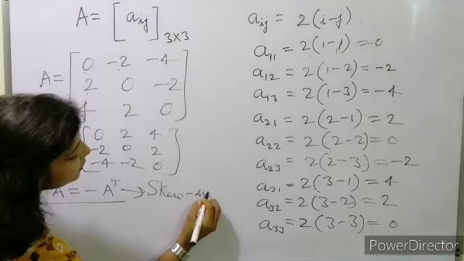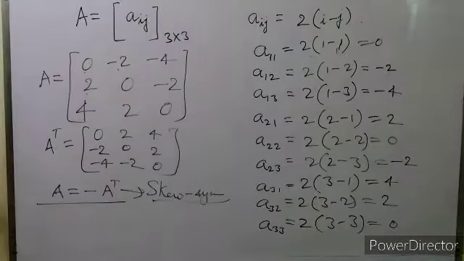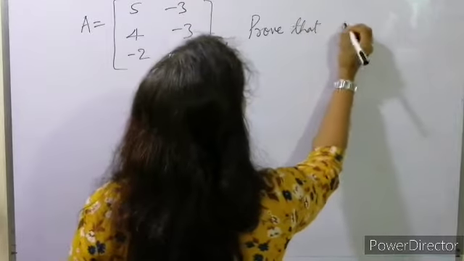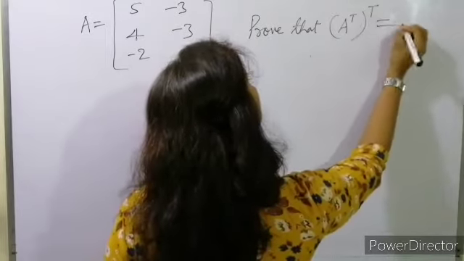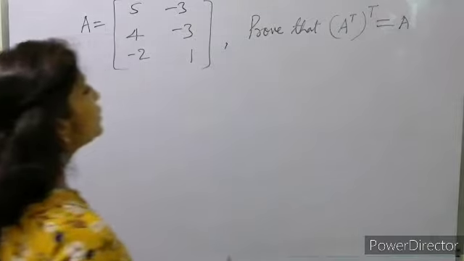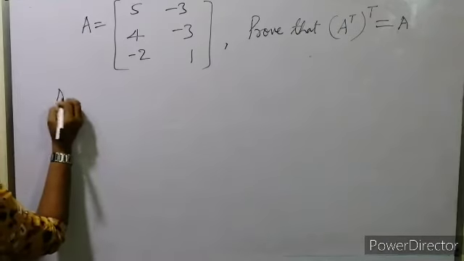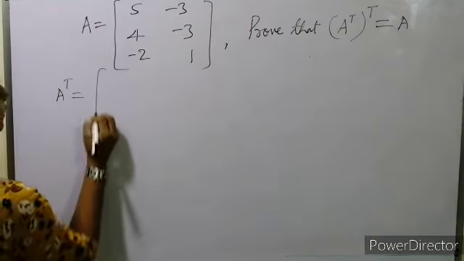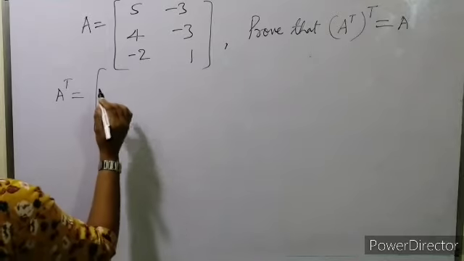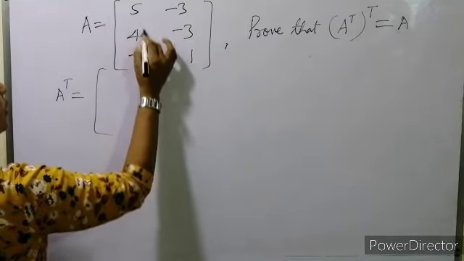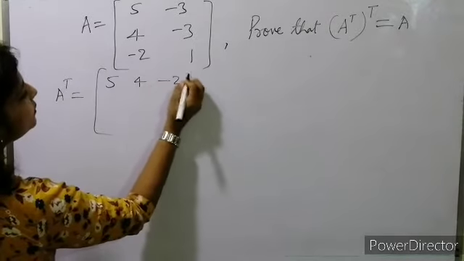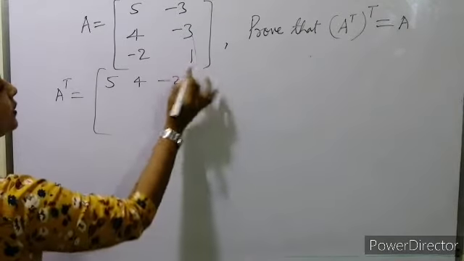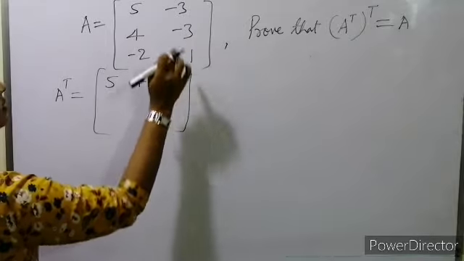Okay, skew symmetric, clear? The transpose of A transpose is equal to A. So first of all we'll find the value of A transpose. A transpose is obtained by writing the columns of A as rows: 5 4 minus 2, then the second column as the second row, minus 3 minus 3 1.